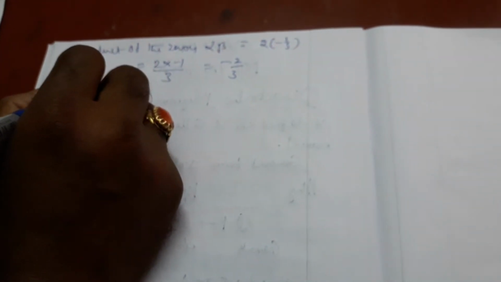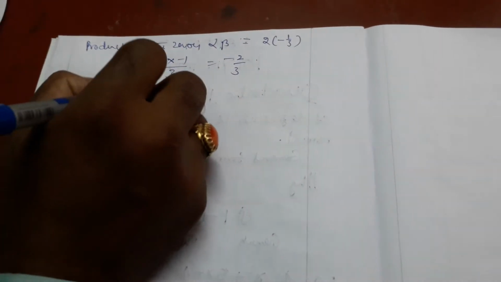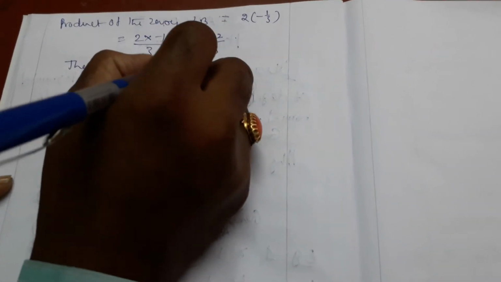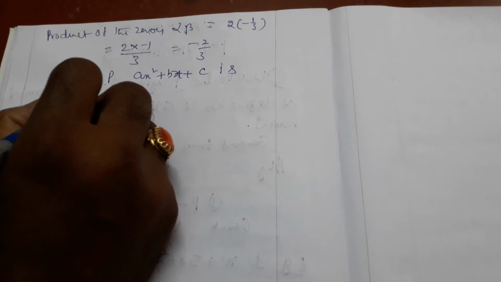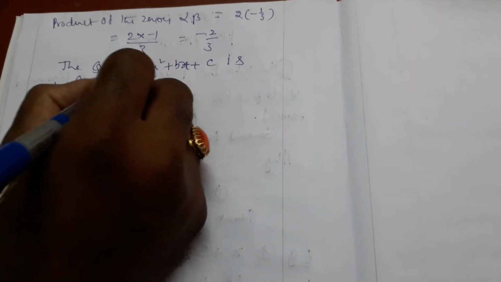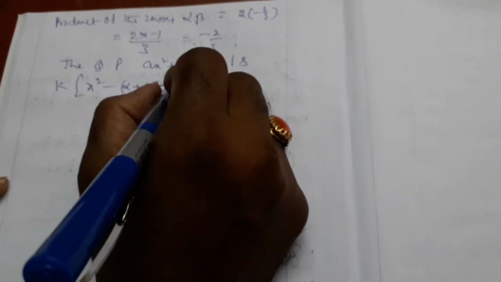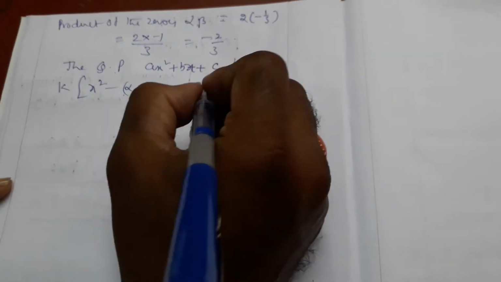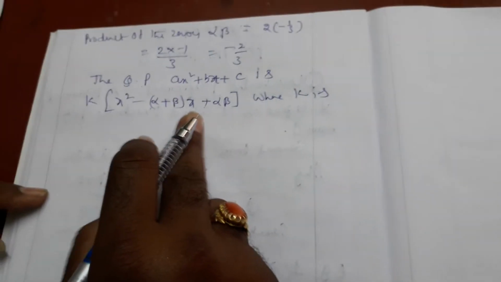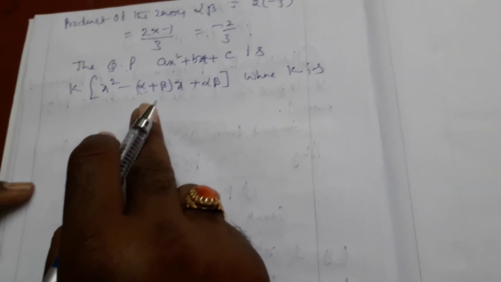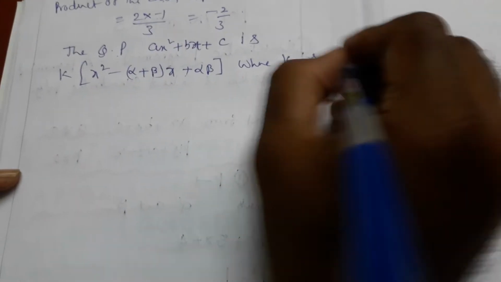The QP, quadratic polynomial ax square plus bx plus c, is now k into x square minus alpha plus beta into x plus alpha into beta, where k is a constant. This is the formula for finding a quadratic polynomial whose zeros are given.